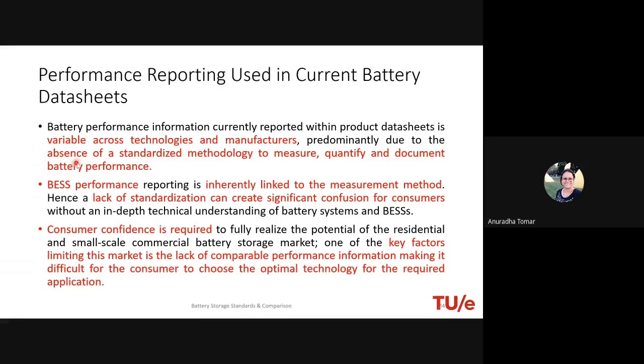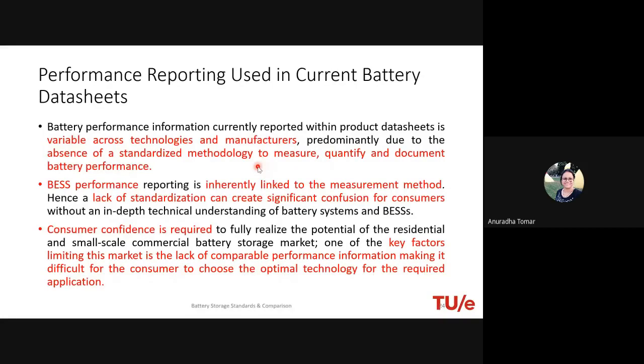There is an absence of a standardized methodology, like different companies mention different points or specifications for their batteries. So there is a lack of a standardized process or methodology to measure, quantify and document battery performance.